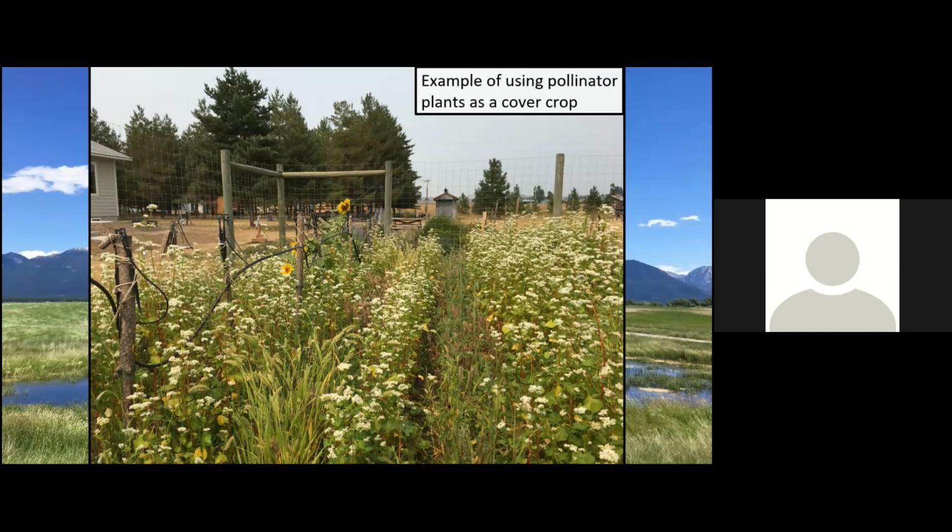They have it sectioned in quarters, and every year they rest a quarter of their garden, putting it into a cover crop with flowering species to attract insects and pollinators, and then rotate their garden around so that not every year they're having the garden in the same spot. It kind of replenishes the soil, gives back some organic matter.